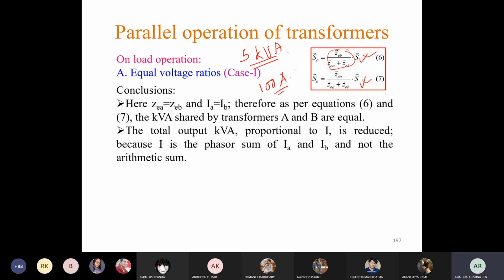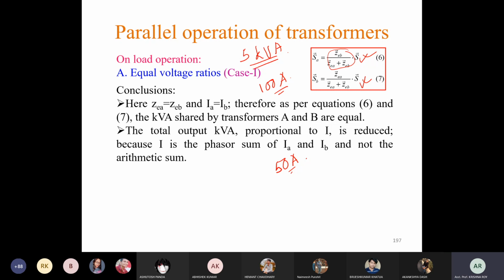then the current drawn by transformer A and B will not be equal to 50 ampere each because they are not arithmetic sum, they are phasor sum.